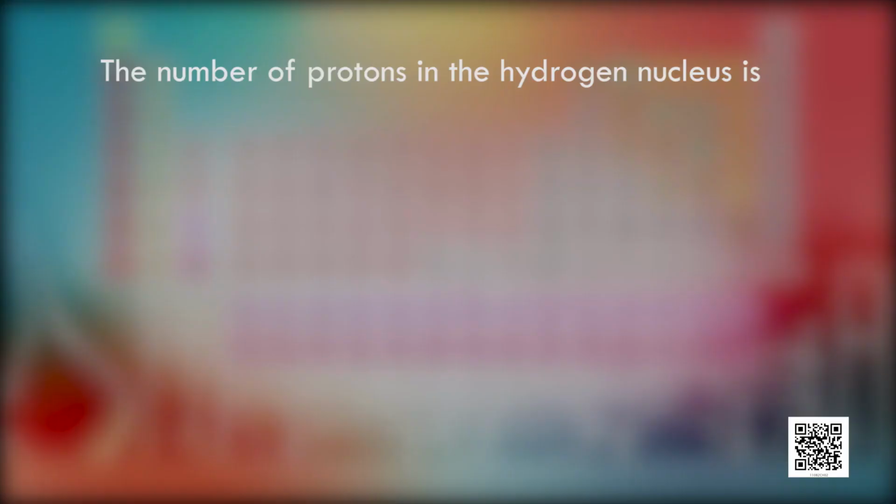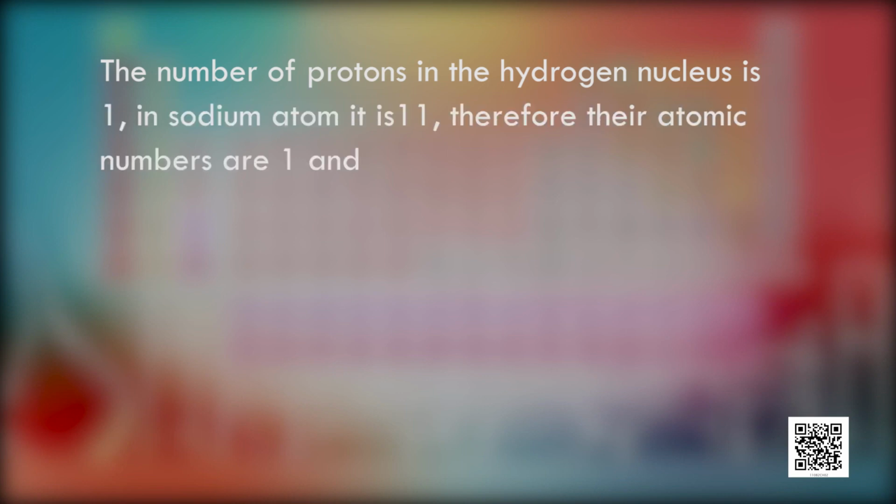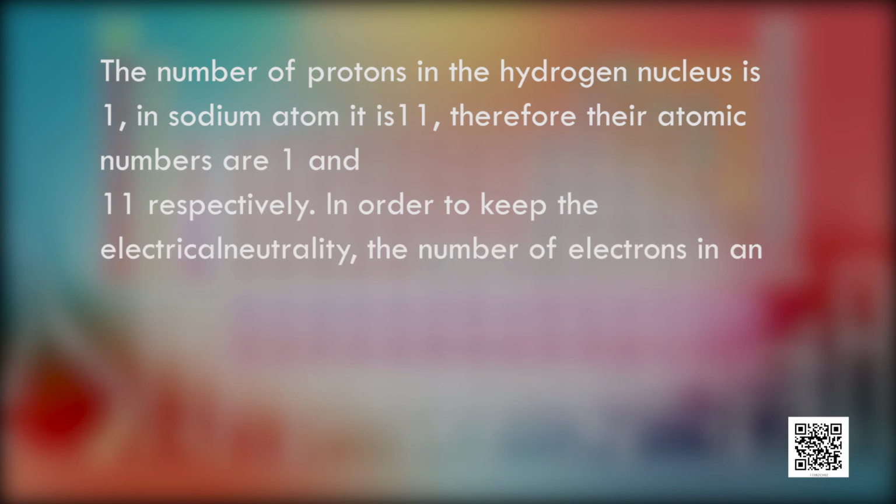The number of protons present in the nucleus is equal to the atomic number represented by Z. For example, the number of protons in the hydrogen nucleus is 1. In sodium atom, it is 11. Therefore, their atomic numbers are respectively 1 for hydrogen and 11 for sodium.